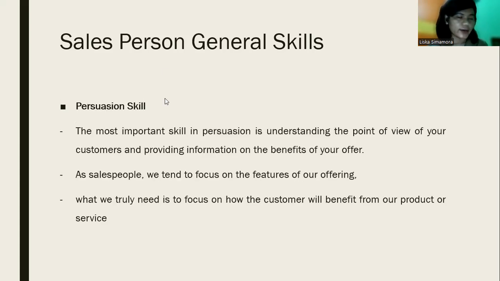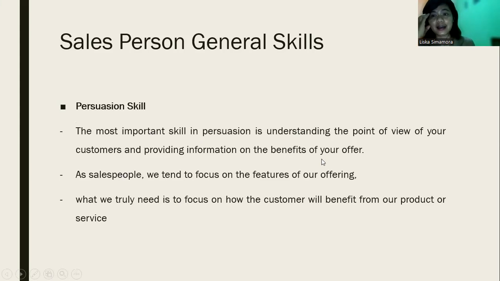So the next skill is persuasion skill. You have to be able to persuade your customer. The most important skill in persuasion is understanding the point of view of your customer. So you have to understand your customer and provide information on the benefits of your offer.